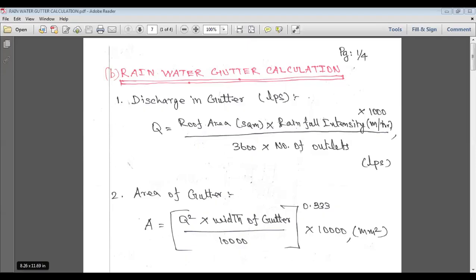For that we use the Williams formula and Manning's formula. It is the same formula, but we are changing the shape from rectangular to round, circular shape.